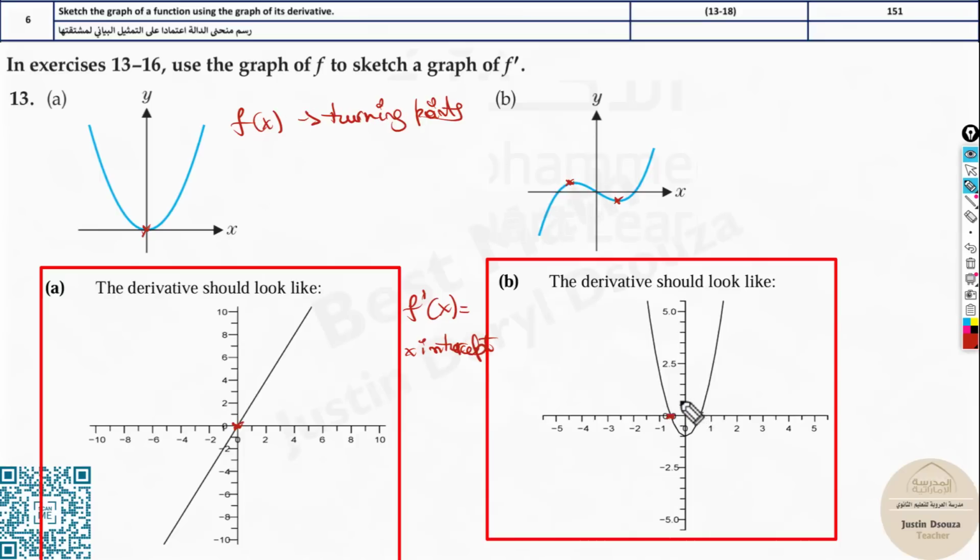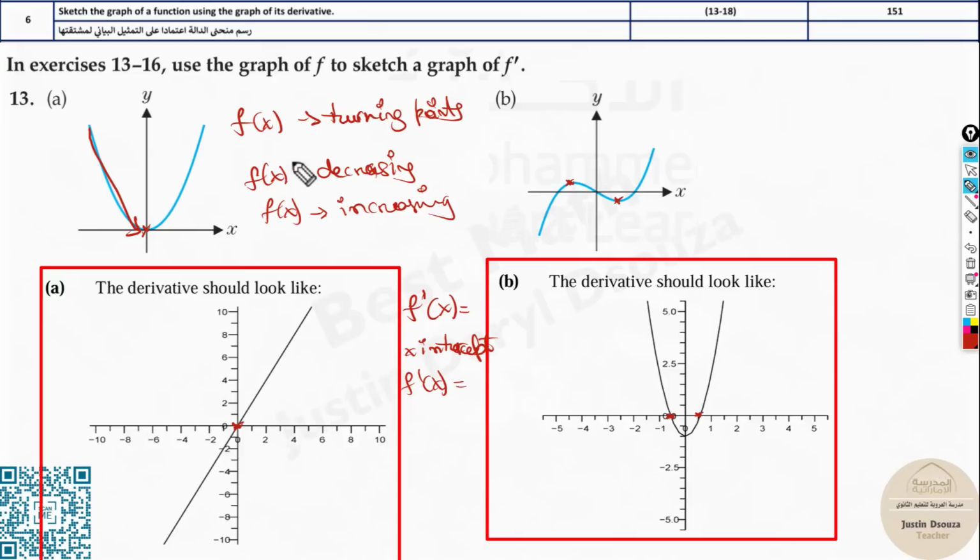Now what next? That still doesn't help us. There might be the same turning points. It just will be something like this downwards. How will we know the exact graph? Here can you see where it's decreasing? The given function f of x is decreasing here, and f of x is increasing here. If you try to just remember this, it'll be much easier. I'll write f prime, that's the derivative, f dash of x.